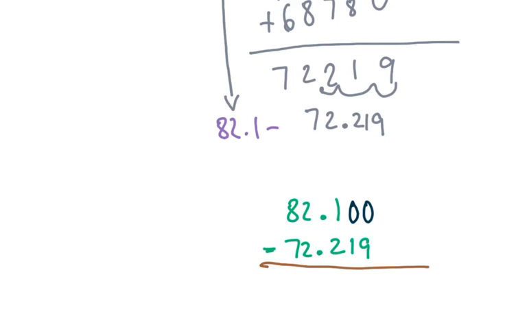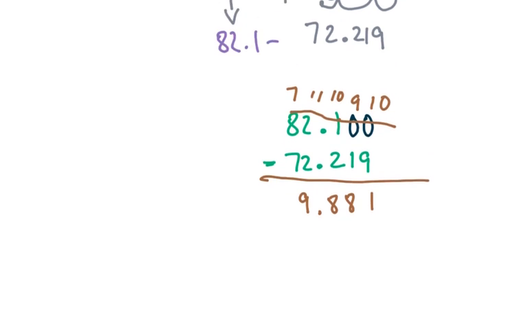I can't subtract 0 minus 9, so I'm going to have to borrow, and borrow, and borrow throughout the whole thing. So this is going to become 10. This is 9. This is going to become 10. This is going to become 11. And this is going to become 7. 10 minus 9 is 1. 9 minus 1 is 8. 10 minus 2 is 8. 11 minus 2 is 9. 7 minus 7 is 0.